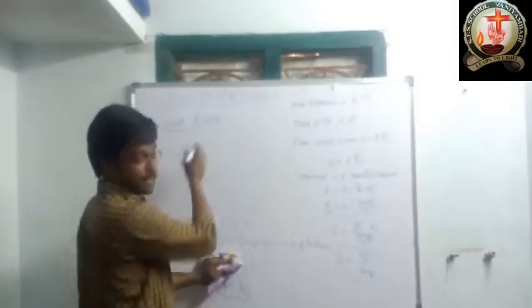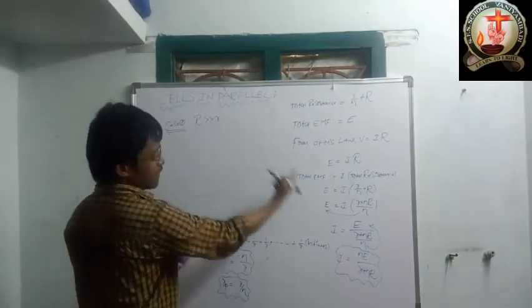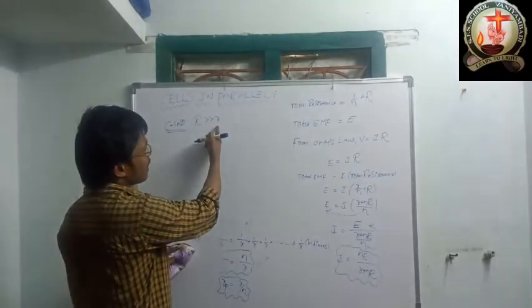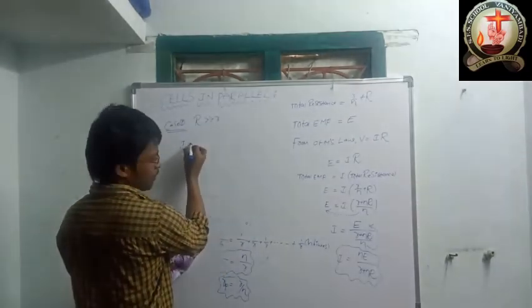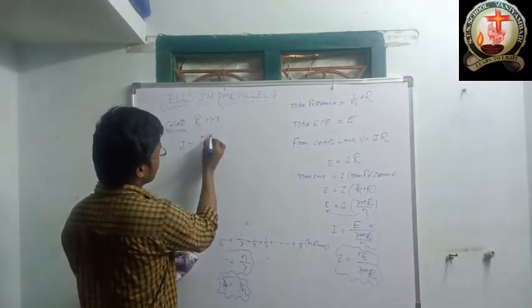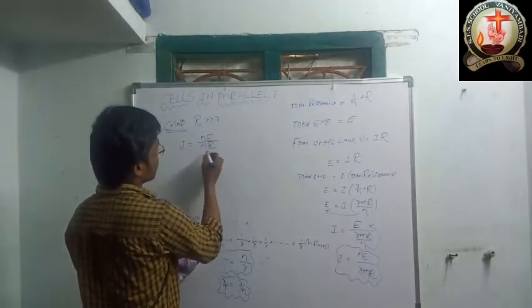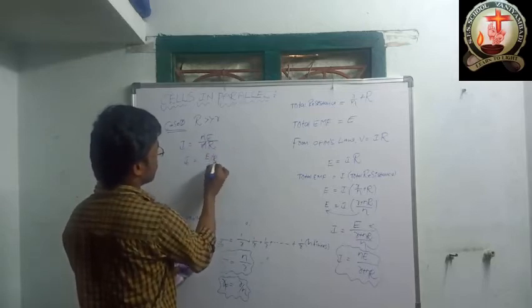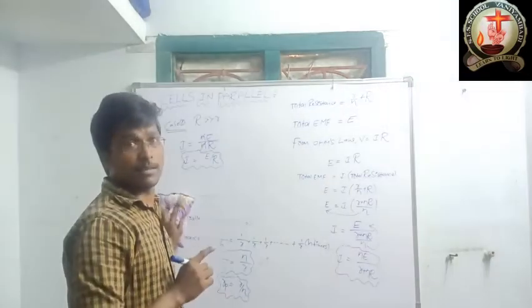So this is the consideration. Please apply this in our final expression. Capital R is very much greater than small r, means small r will be neglected. So here I is equal to NE by N into R. N and N cancel, so I is equal to E by R. This is the first case.